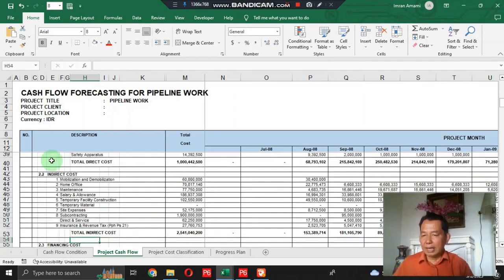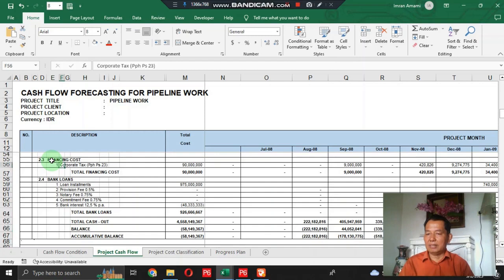In the indirect cost: mobilization and demobilization, home office, maintenance, salary and allowance, temporary facility construction, temporary material, site expense, subcontracting including direct service, insurance and revenue tax. In the financing cost: corporate tax, and in the bank loan section: loan installment, provision fee, notary fee, commitment fee, and bank interest.